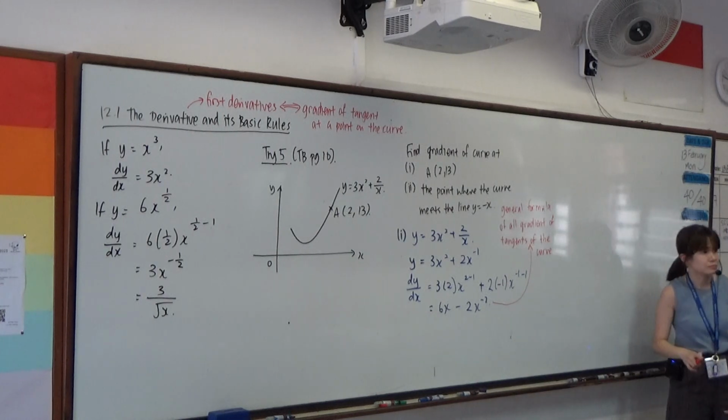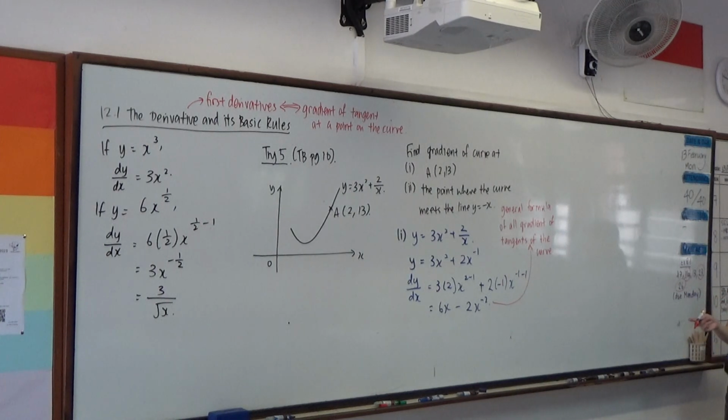Okay? Which explains why knowing differentiation is very helpful for you when it comes to E-Maths. Because in E-Maths very often you need to find the gradient of the tangent of a certain curve, and you want to know whether your tangent is accurate or not.